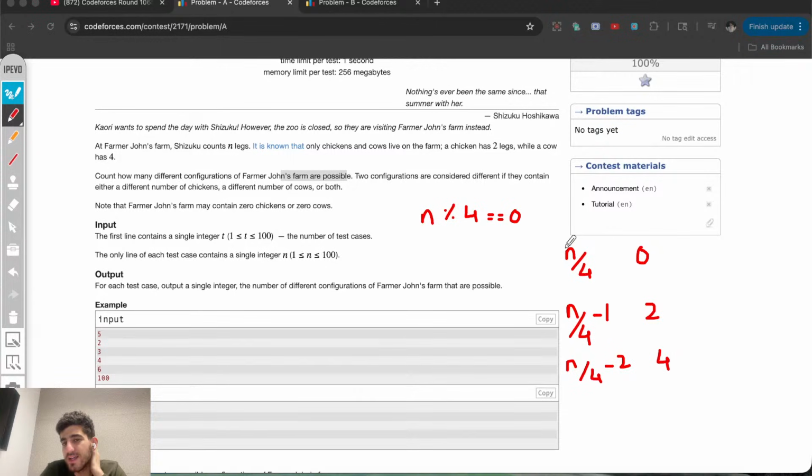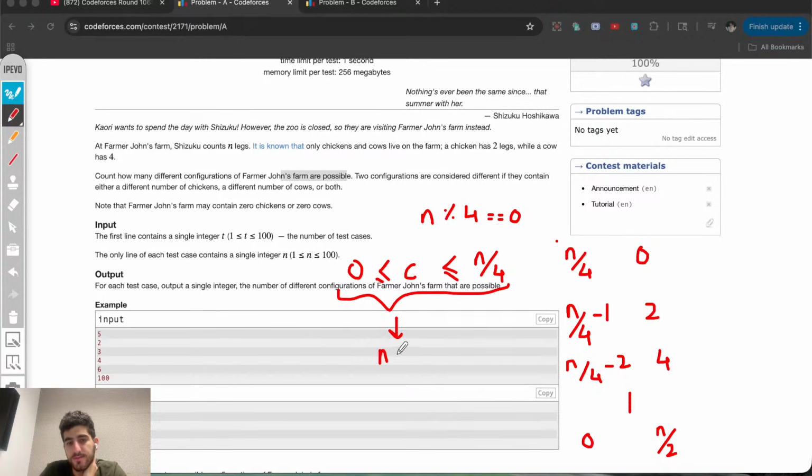I mean, we can replace each of the cows with 2 chickens, or go up to 0 cows and n/2 chickens. So we have at most n/4 cows, and we can replace each one of them with 2 chickens. So we have at least 0 cows. So in total, it's going to be exactly n/4 plus 1 ways.